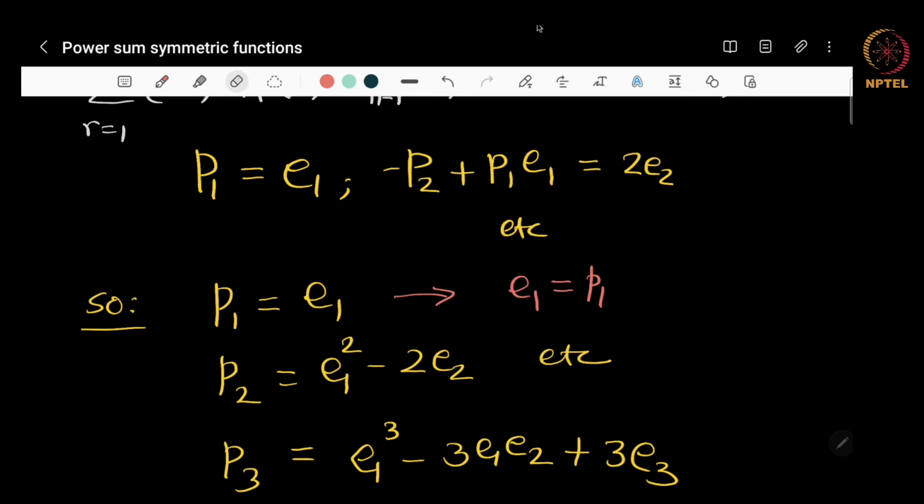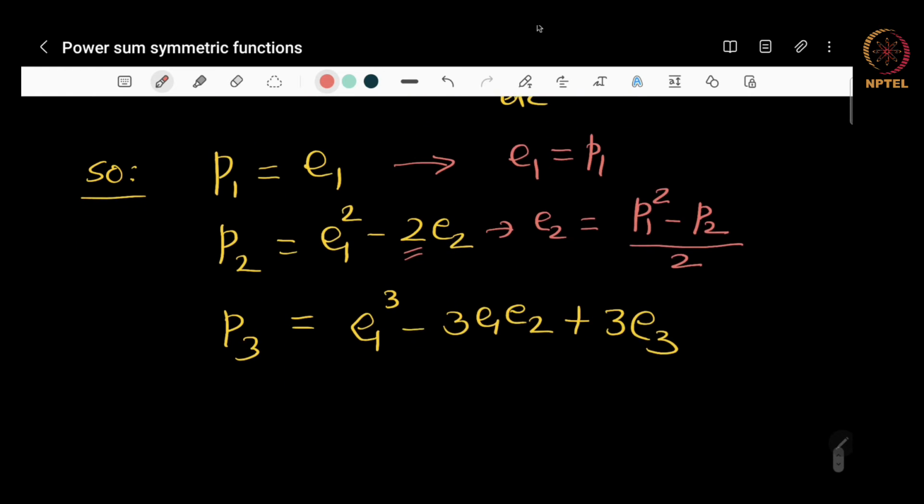Now let's look at the next equation, where something interesting starts to happen. E2, when you write it in terms of P2, gives us the following. It says E2 equals E1 squared, which is actually P1 squared, minus P2, but then I have to divide by 2. That's because the E2 came with a coefficient of 2.